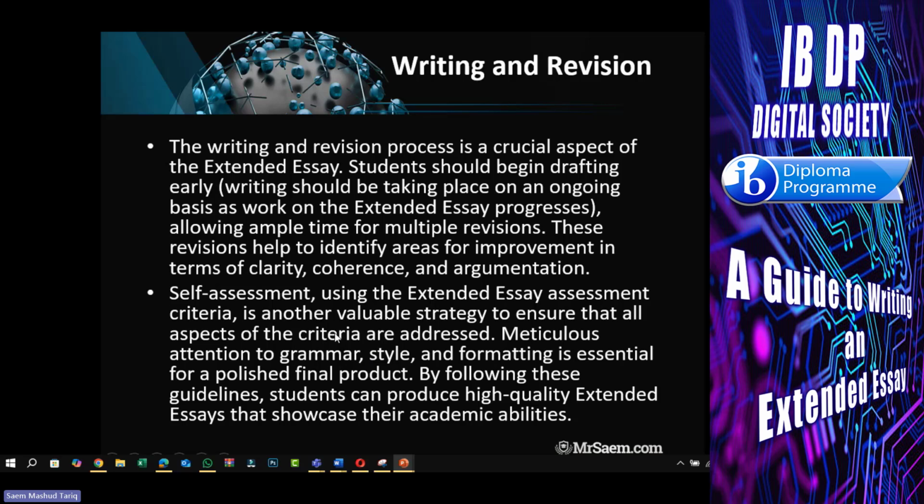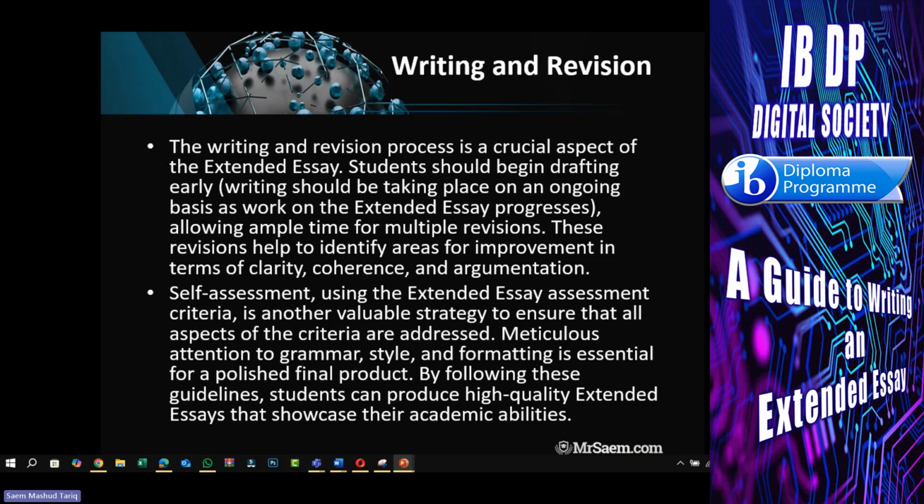Okay. The writing and revision process is a crucial aspect, right? So, writing and revising. I've talked about this before as well, that we should keep on writing, and whatever is going on, every progress, we have to keep on writing it down.